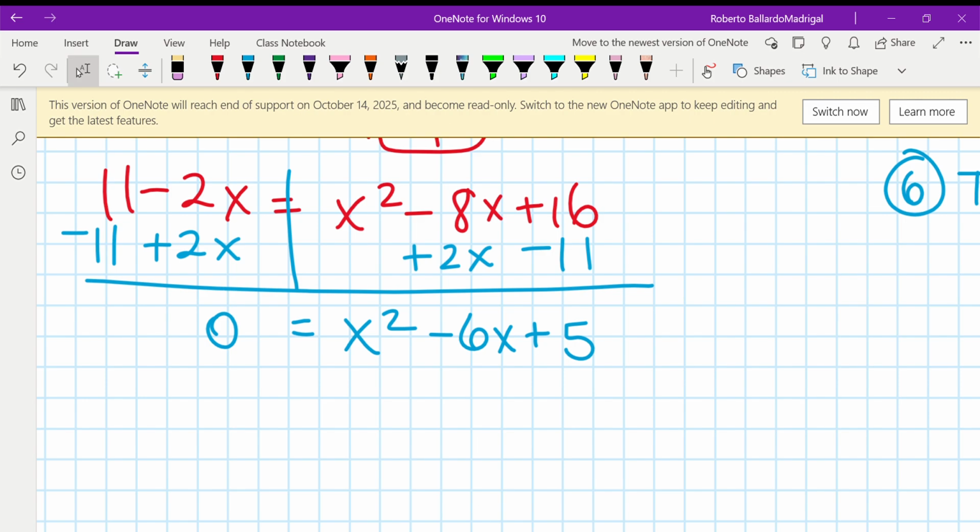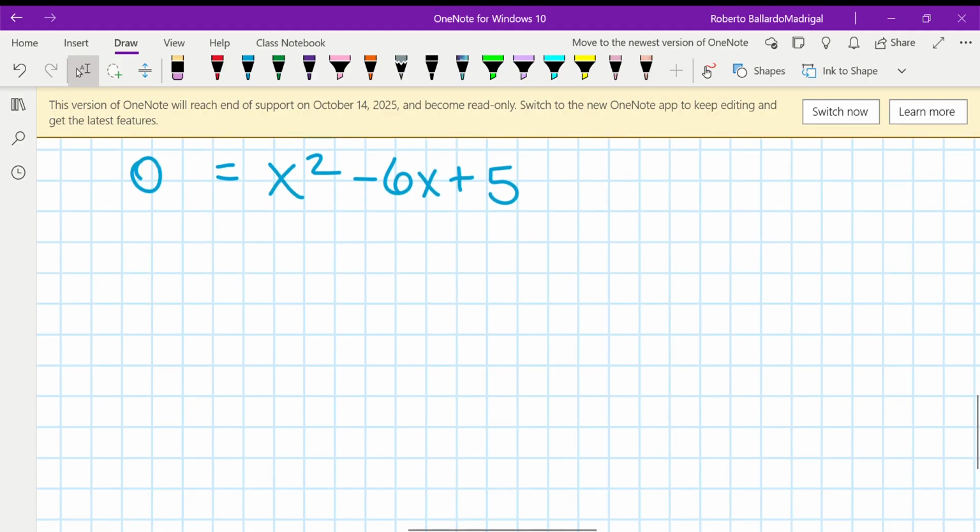All right, so we're going to go ahead and factor this using a giant X. Throw the 5 up here and the negative 6 down here. Just like before, your top number is positive, your bottom number is negative.